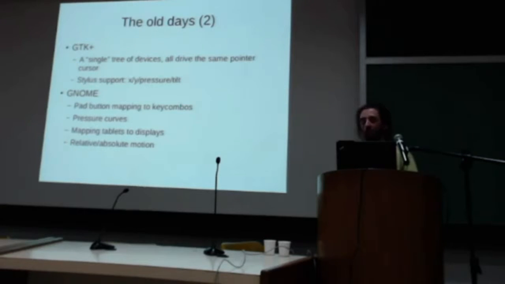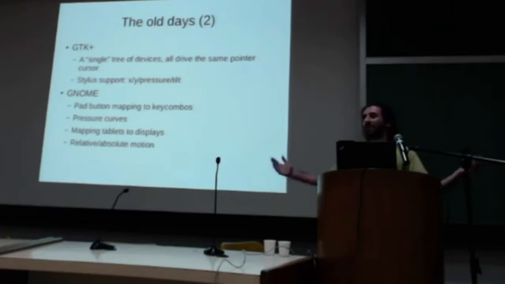So it was mostly focused on keyboards and pointers. So everything had to fit roughly in, and the end result was that a drawing tablet and stylus would drive the pointer cursor, and it would be seen as a mouse, even though it's not. But it already supports a few axes, like pressure and tilt.